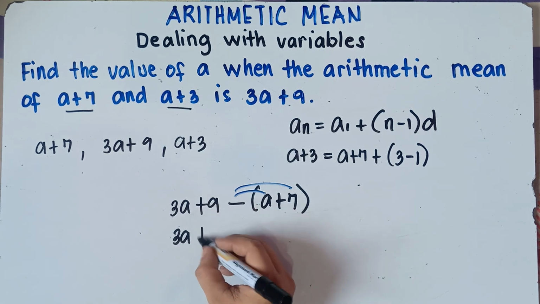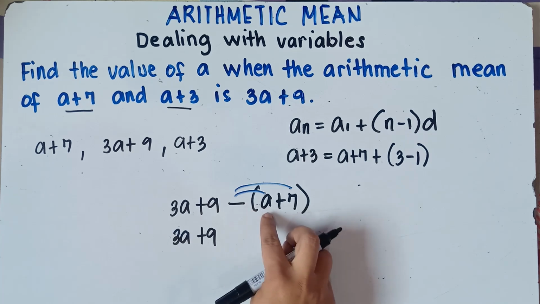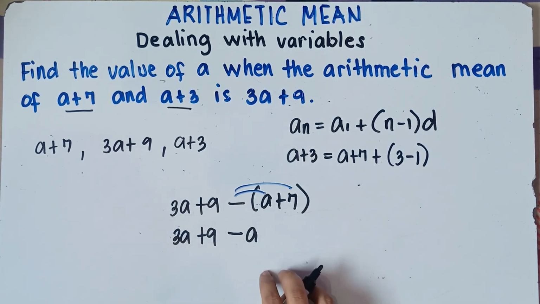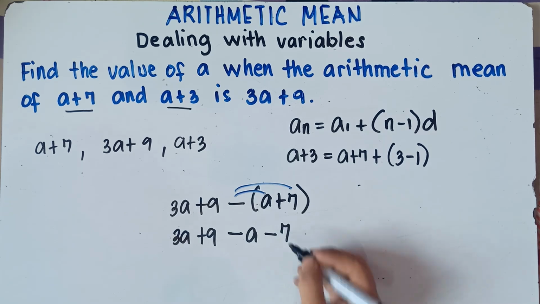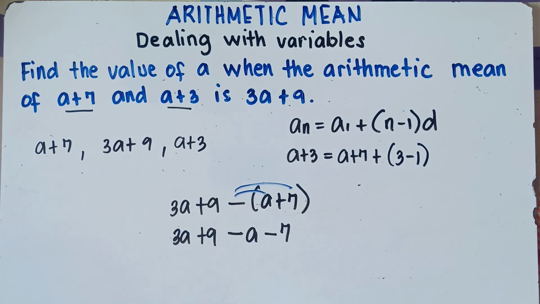So copy 3A plus 9. Then negative times positive, that's negative A. Negative times positive 7, that's negative 7. Negative times positive is negative. Alright, and then you combine like terms. So we can arrange it so you will not be confused.